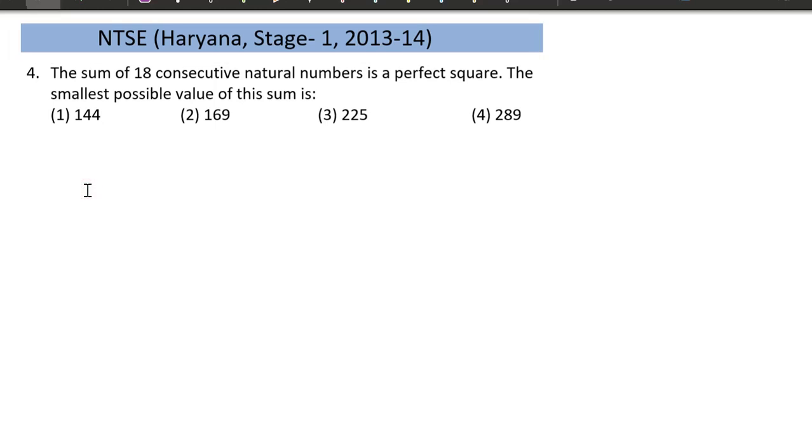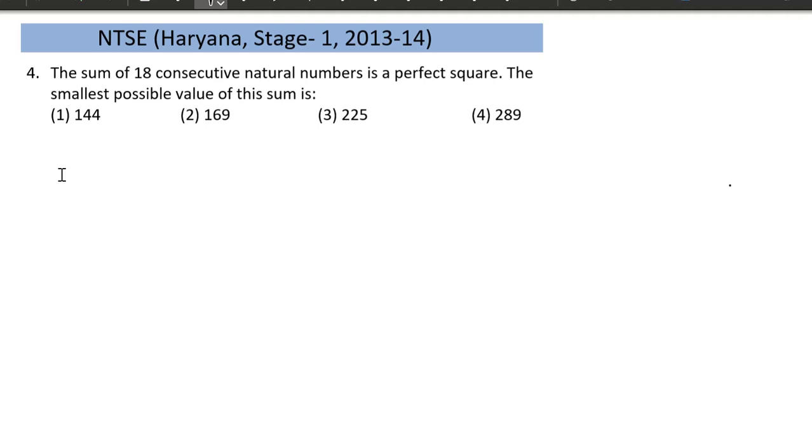The question is: the sum of 18 consecutive natural numbers is a perfect square. The smallest possible value of this sum is?